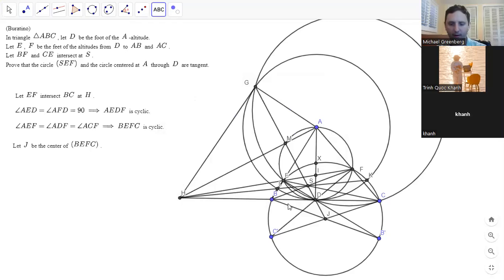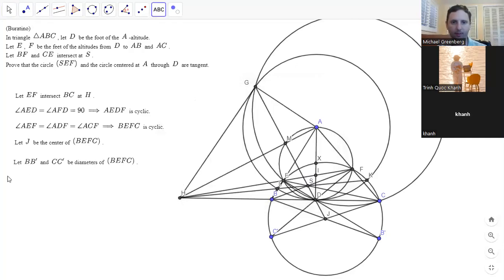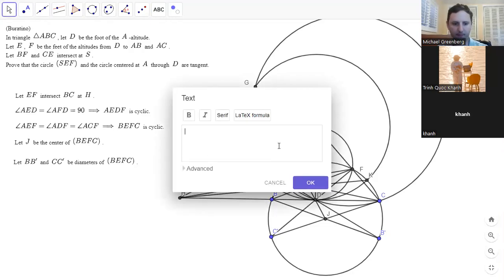Okay. And then let B prime and C prime be diameters. Then F, D, and C prime are collinear, since angle BFC equals 90.